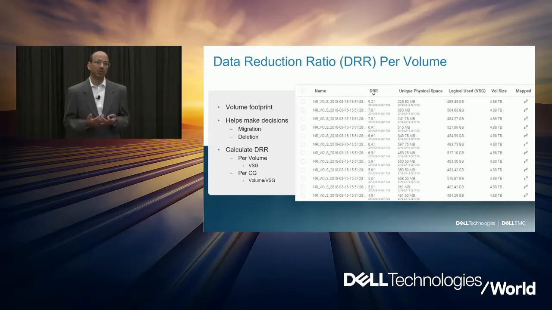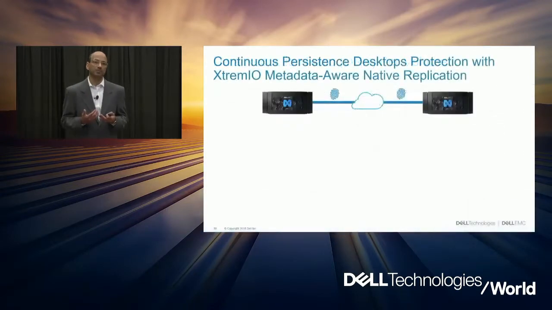And it helps you in the migration and deletion cases, as well as if you are a service provider or in a private cloud type scenario with chargeback facilities, then you can do that using this DRR per volume feature.